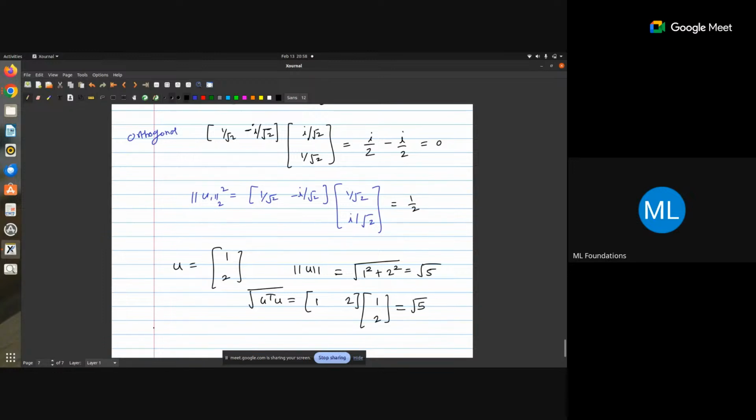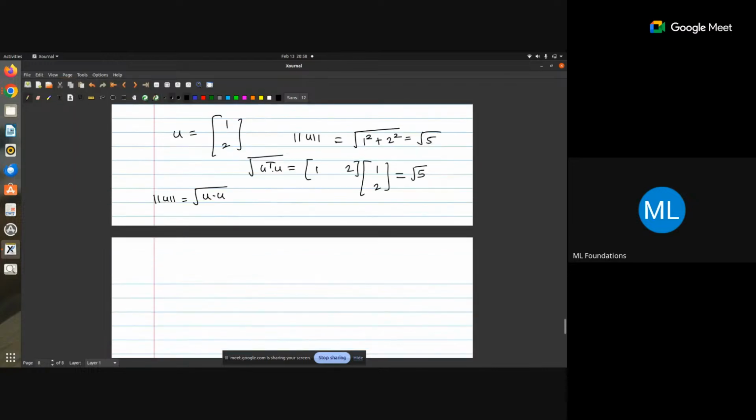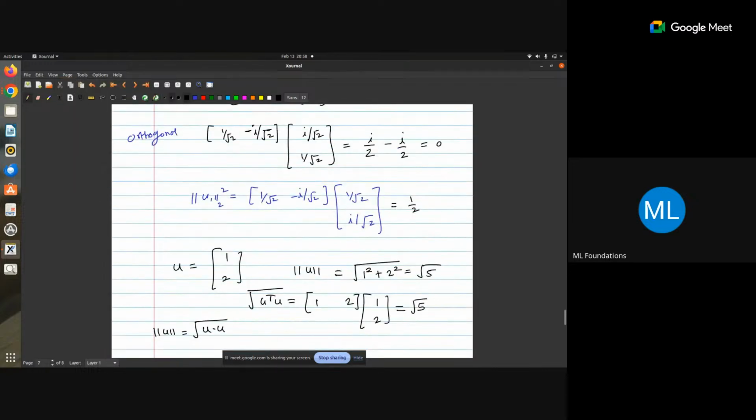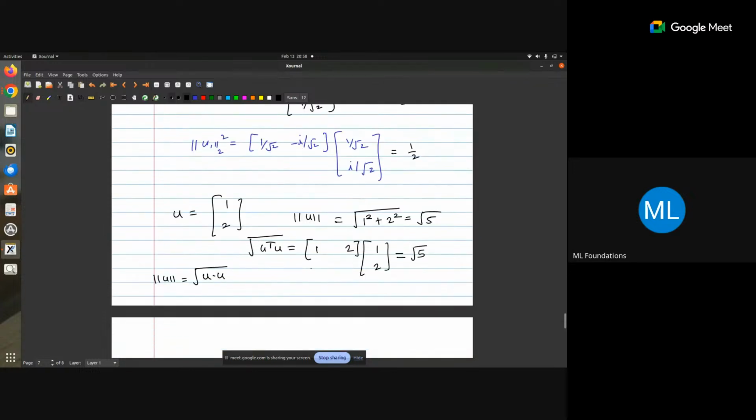So basically, the length of any vector is equal to the square root of the dot product of that vector with itself. That is the basic definition of the length of a vector. But we know that in the complex case, we cannot do this square root of u transpose u.